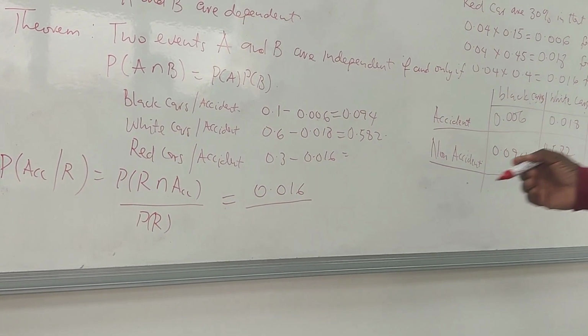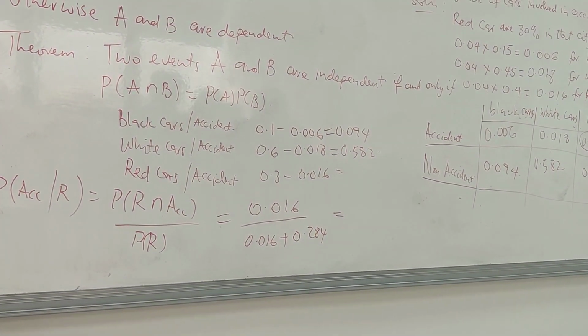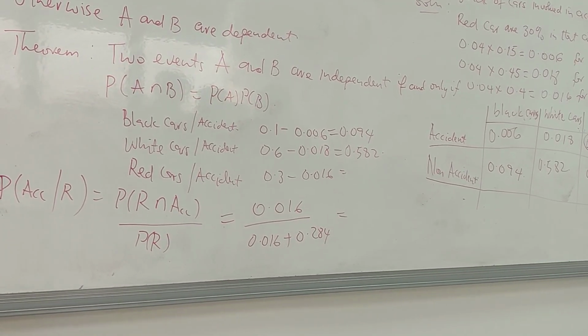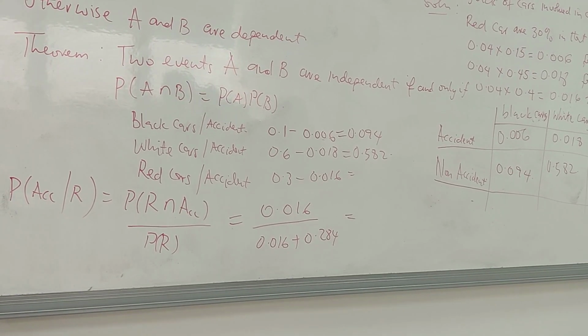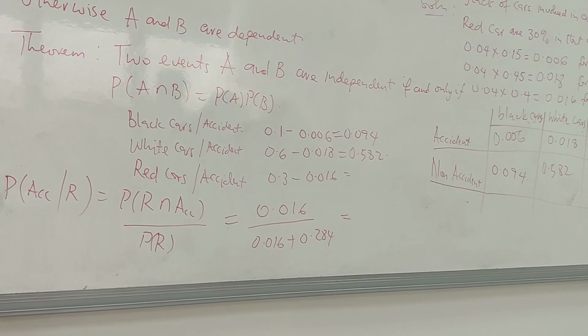So we are going to have 0.016 plus 0.284. Can you tell me what your answer will be? 0.3. No, are you sure? 0.016 plus 0.284. It's not 0.3. Try it again.